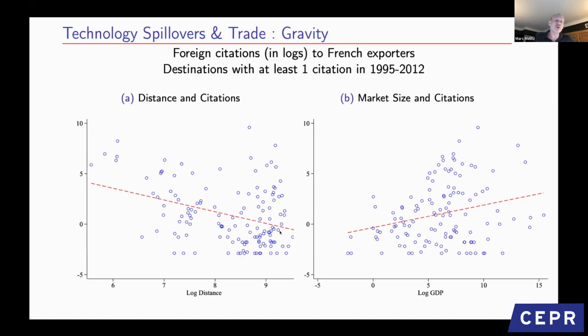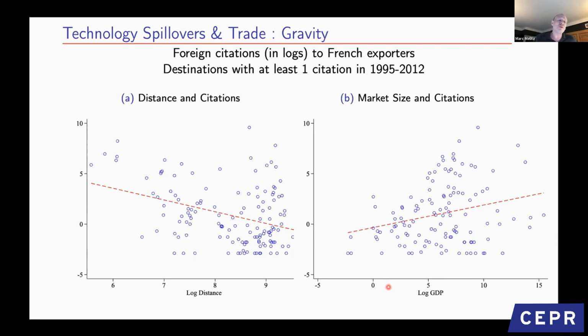Let me first show you what kind of data you get just from the aggregate part. So what you see here is for France. You just see a gravity type specification as a function of both distance from France and the size of the destination.